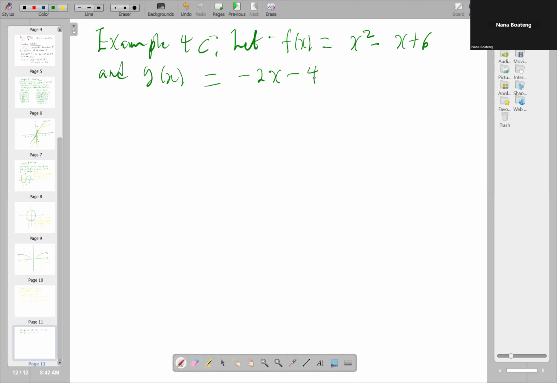And we have to find g of 5 and f of g of 5.